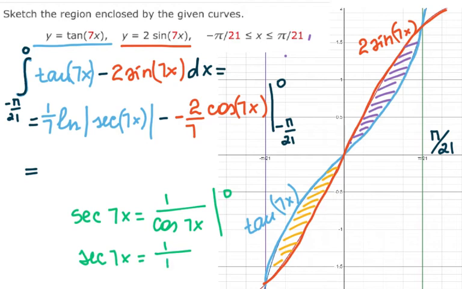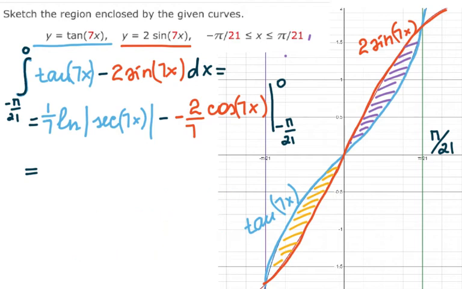So when I plug in my 0 first, I will have 1 over 7, and then the natural logarithm of 1 over cosine of 0, which is 1, so I have the natural logarithm of 1, and this whole expression becomes 0.